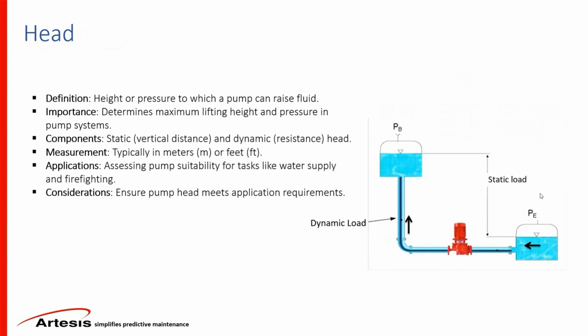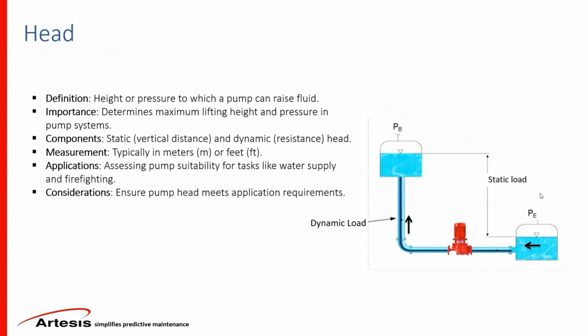So one thing you have to consider is to ensure that the pump selected for the job meets or exceeds the head requirements of the application. And also you have to take into account the friction losses, elevation changes, or system pressure when calculating the total head. And the head is typically measured in meters or feet.